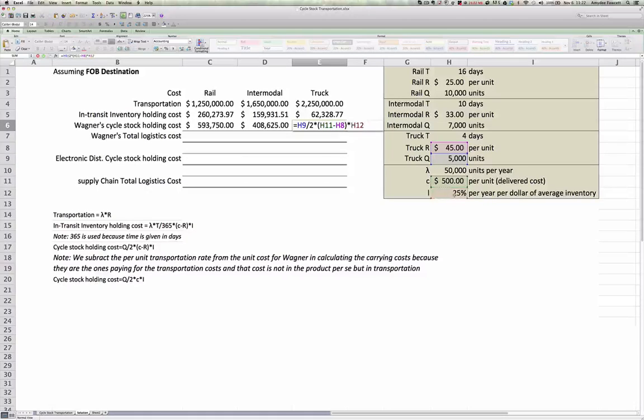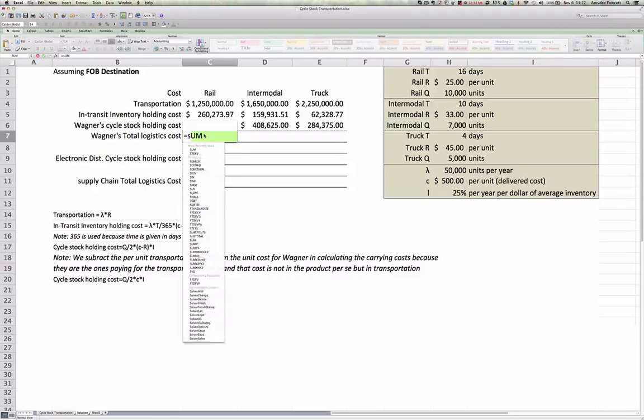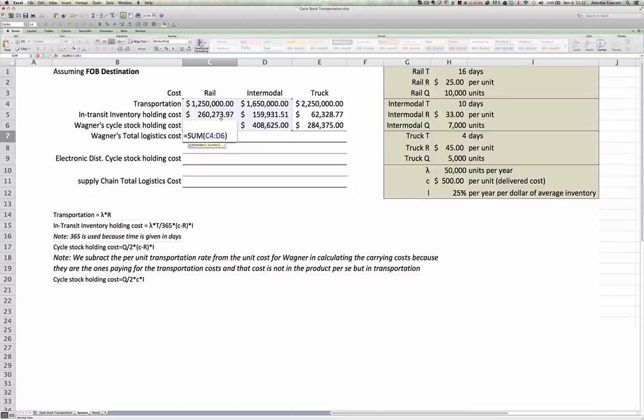So we're looking now at Wagner's total logistics costs as a sum of these three cost components. So it's rail plus inventory holding in transit plus the cycle stock holding cost for a total of $2,104,000. As you can see, it will clearly be more for intermodal and truck.